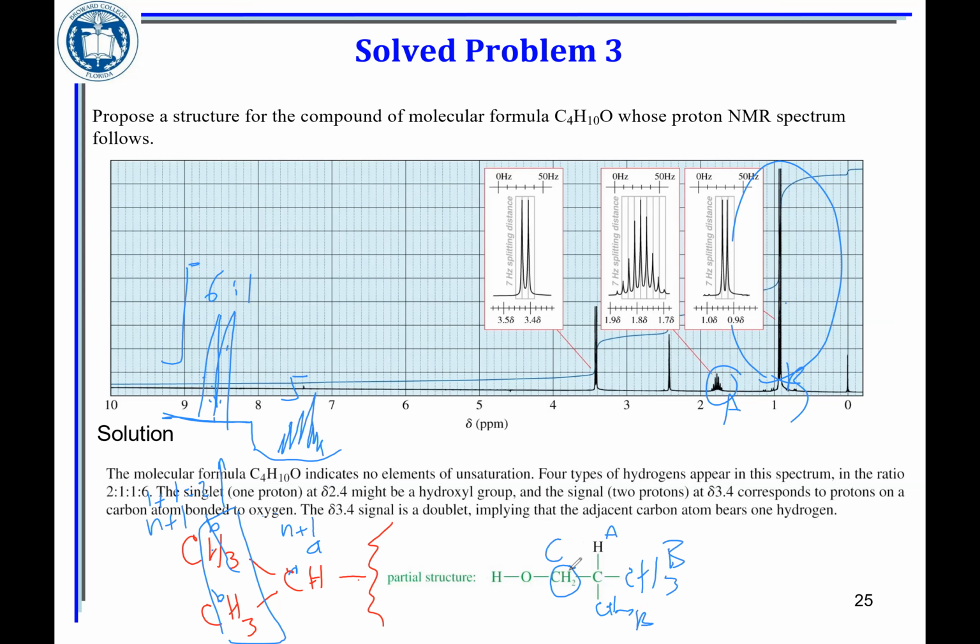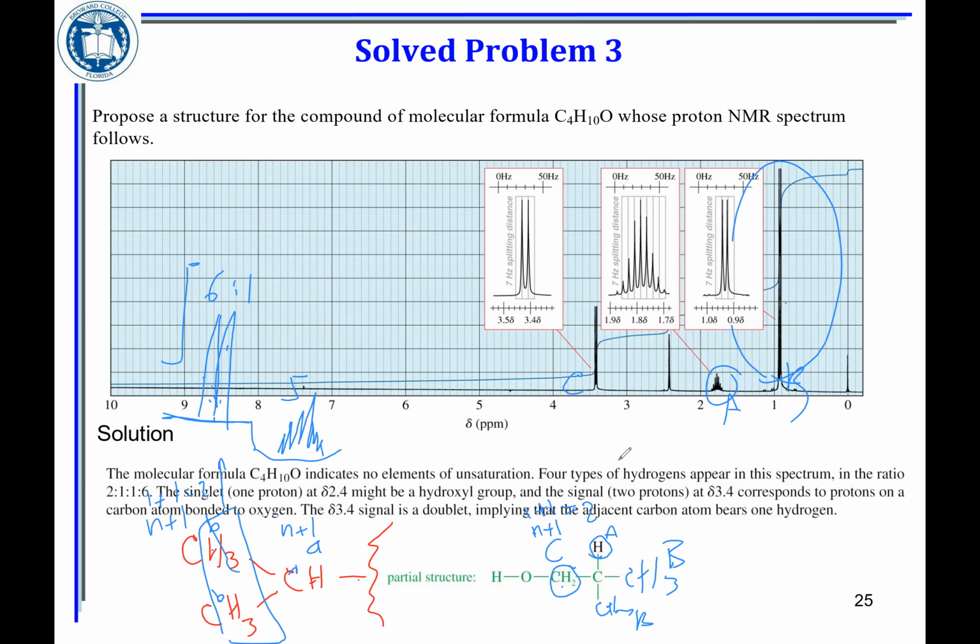Now this C is also going to be a doublet, because it's neighboring this hydrogen A. N plus 1 is 1 plus 1, which is 2 for this C-type hydrogen.